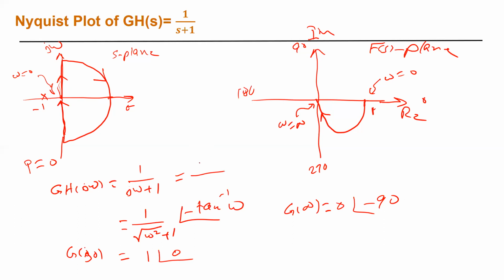So you'll have 1 minus j omega over 1 plus omega squared, which is 1 over 1 plus omega squared minus j omega over 1 plus omega squared. It will be the same. All we are doing is simplifying. I'm using the polar form because it's easier.